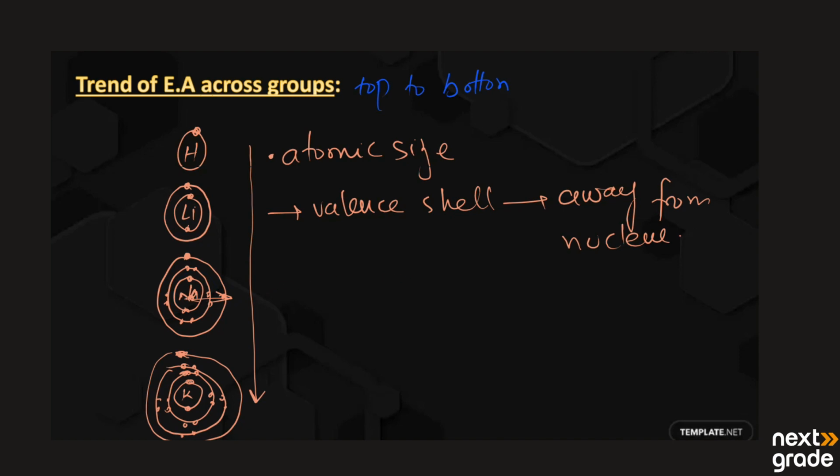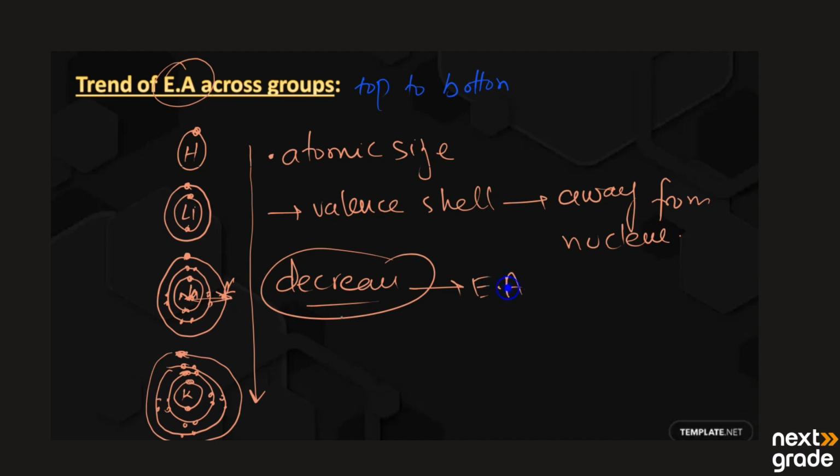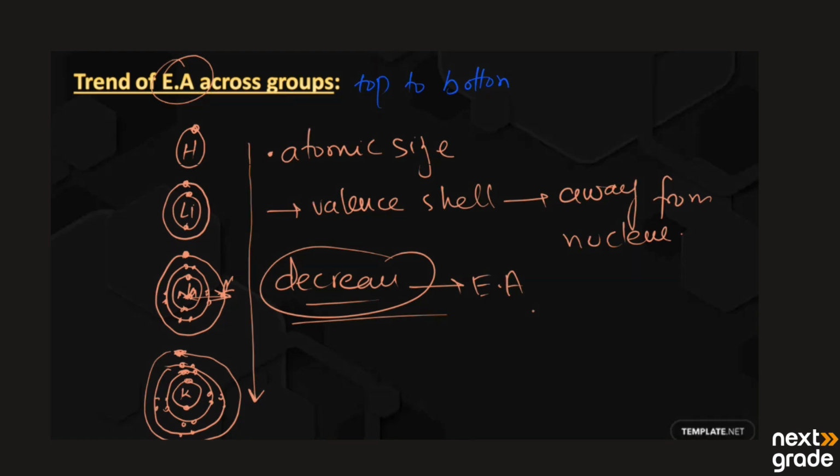So the pull of the nucleus towards the added electron decreases. In turn, when we move from top to bottom, the electron affinity decreases. So this is the simple trend of electron affinity across the group and along the periods.